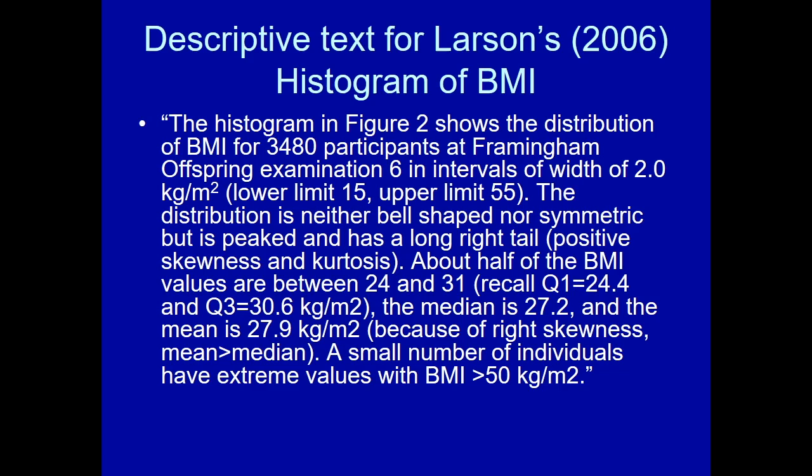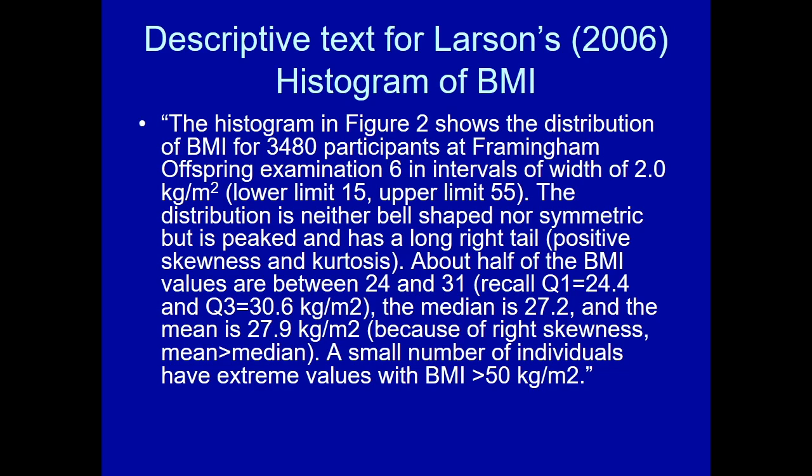About half of the BMI values are between 24 and 31. Recall, Q1 equals 24.4 and Q3 equals 30.6 kilograms per meter squared. The median is 27.2 and the mean is 27.9 kilograms per meter squared.